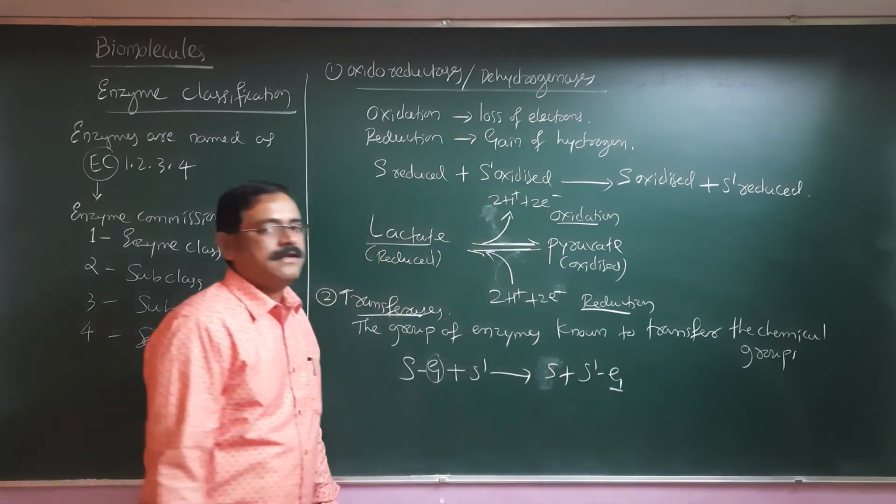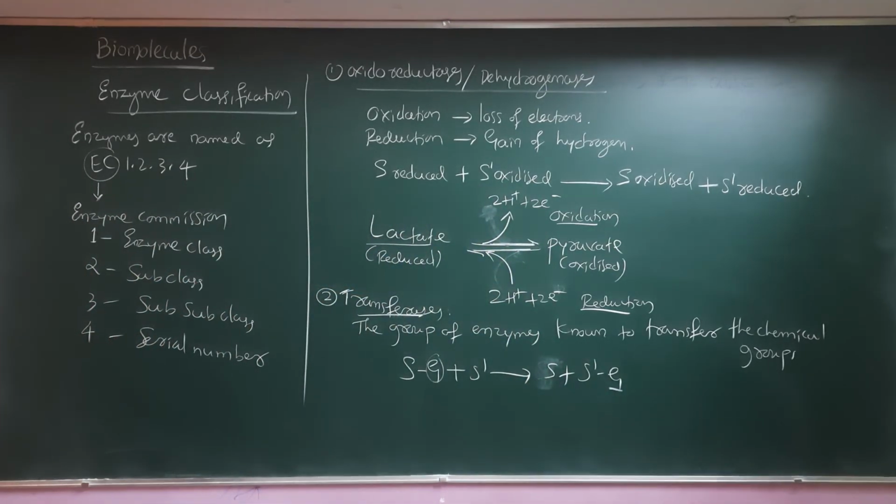This is what we call transferases. So this could be transfer of an amine group or any kind of nitrogen or hydrogen. These can convert one amino acid into a different type of amino acid, by transfer of hydrogen, carboxyl or amine groups.